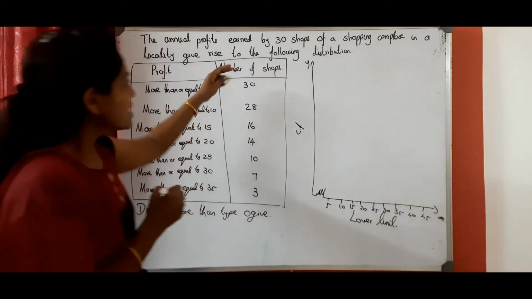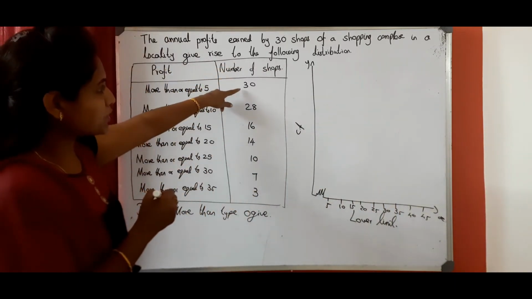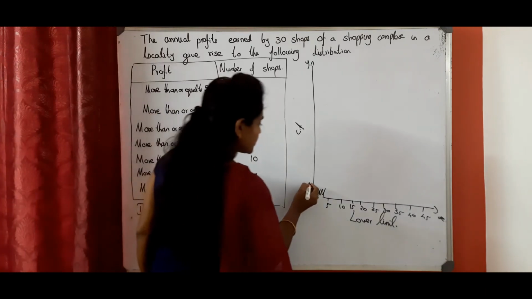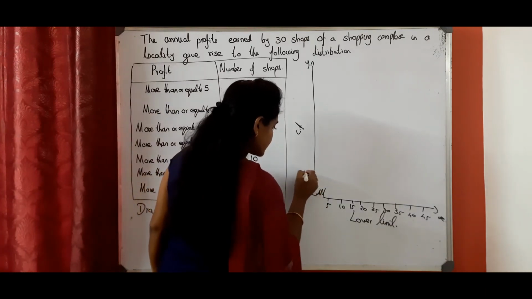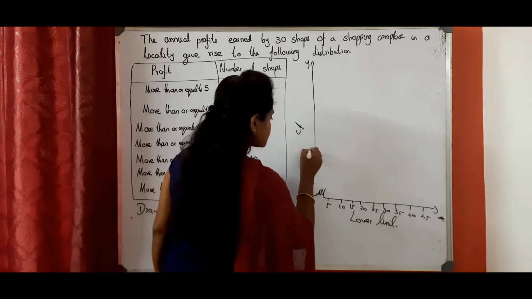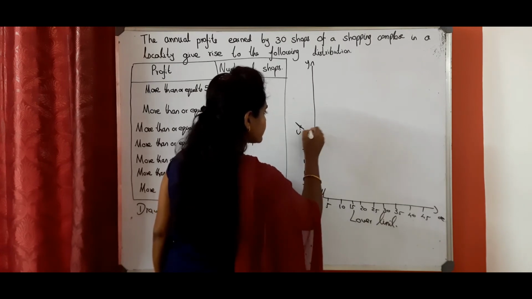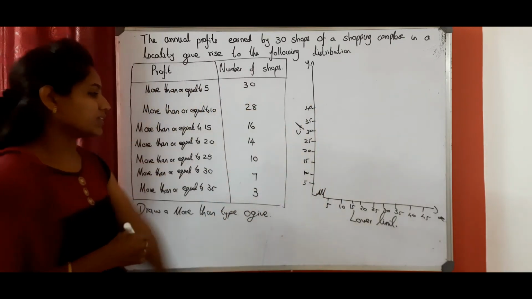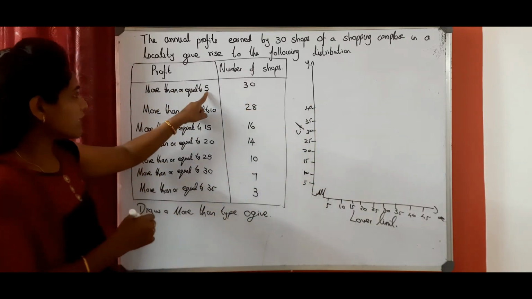The highest cumulative frequency is 30, so we can go with 5 and 5. So here 5, 10, 15, 20, 25, 30, 35, 40. Up to 30, right? So 40 is enough. So now we see 5 means 30.